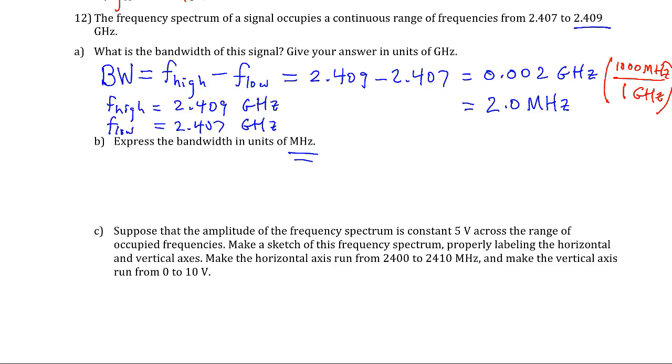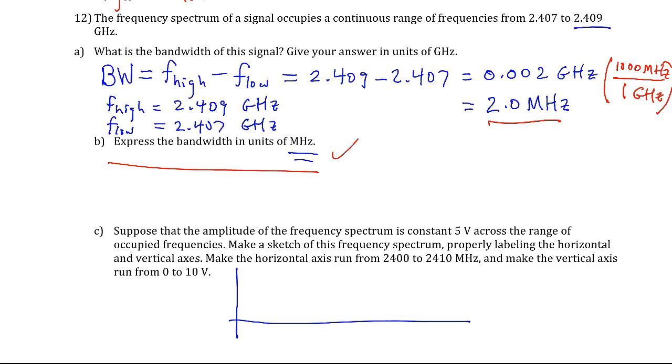So here's the value in megahertz, and now we can draw this. We're going to draw it from 2400 to 2410 megahertz. This is in the ISM band, of course. So here's 2400, 2405, and 2410 megahertz.